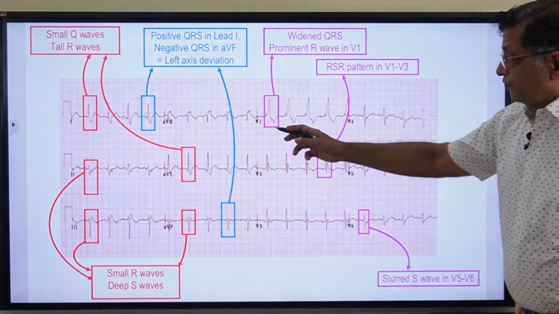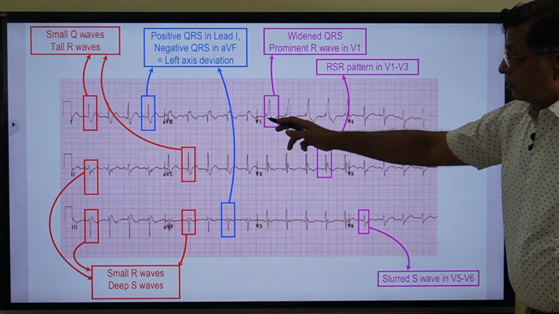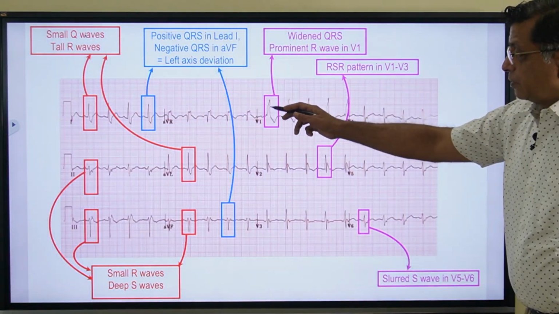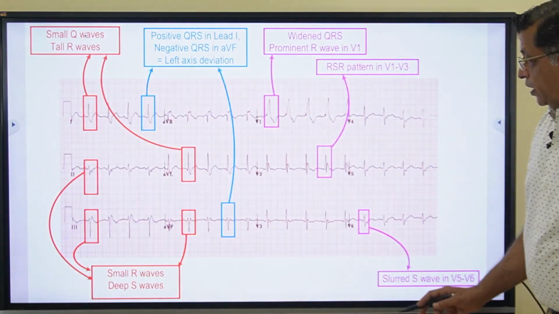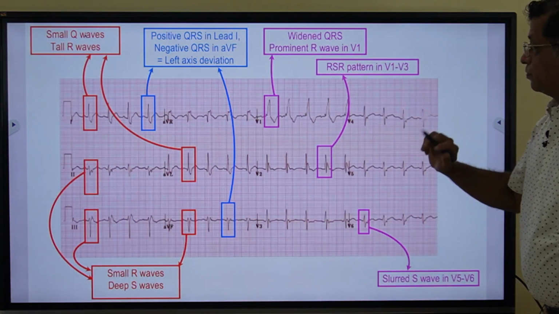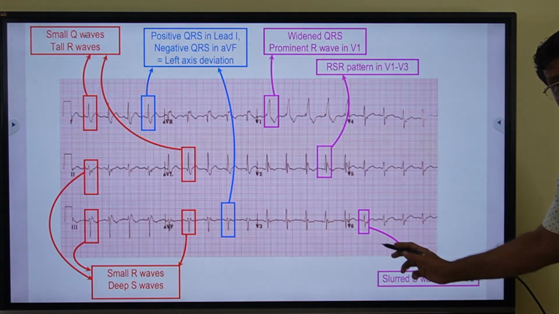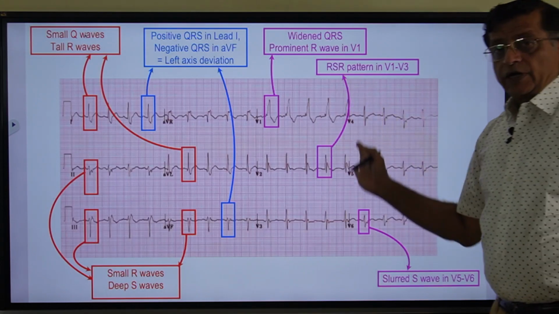In this ECG, you can see the typical findings of RBBB: rSR prime pattern, widened QRS, prominent R wave in V1, rSR prime pattern in V1 to V3, and slurred S wave in V6. So this is typically right bundle branch block.